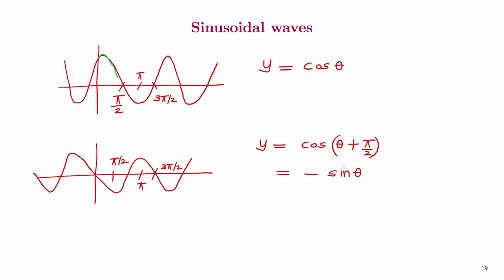So this portion of the wave, we can say, has been shifted to the left. That is, in order to show a wave that is propagating along the negative z direction, we have to reverse the sign of the phase constant delta.